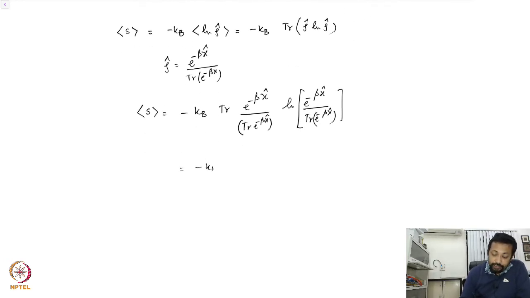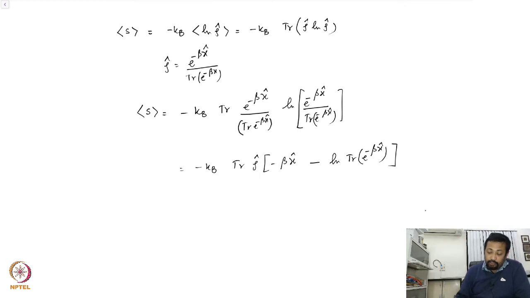So this is minus kB trace of rho hat. Actually we want to keep this, we do not want to write it down explicitly, we will write down rho hat, and let's expand the log. Then this becomes minus beta H hat minus ln of trace of e to the power minus beta H hat. Note that this is just a number, so you have minus kB, and just look at the first term.